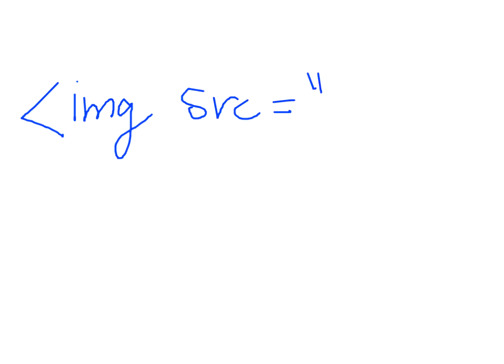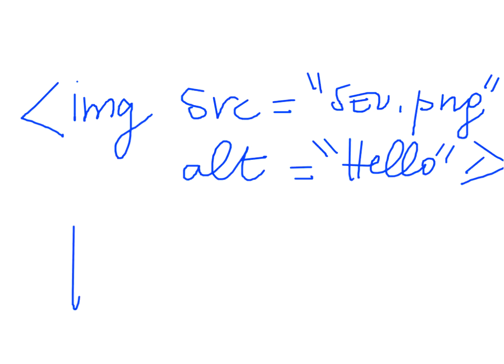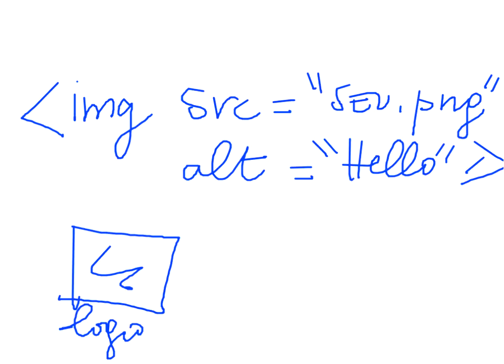That means if I write IMG src equal SEU dot PNG, and after that I write alt as hello. So in the display, if the image exists, I will obtain the logo of SEU.